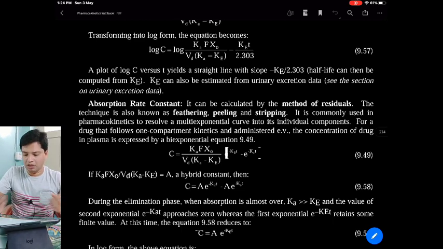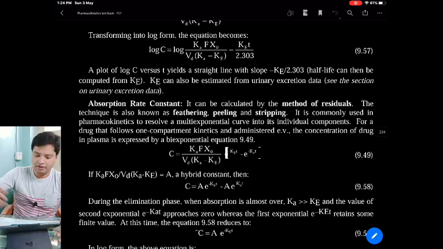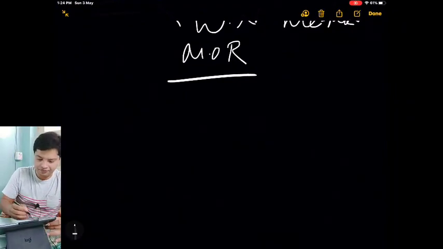We saw that in the normal curve we have two exponents. I'll try to explain this by writing the equation.